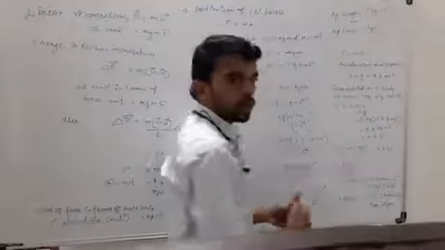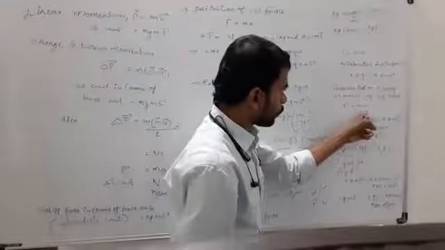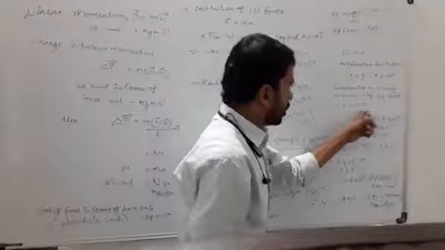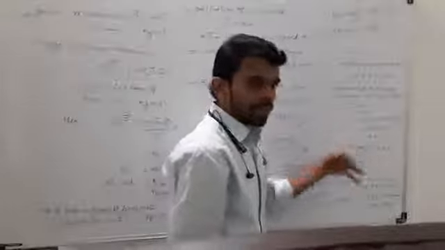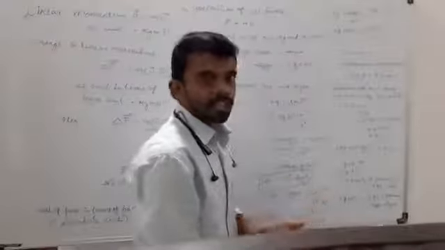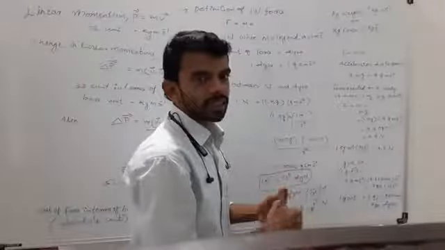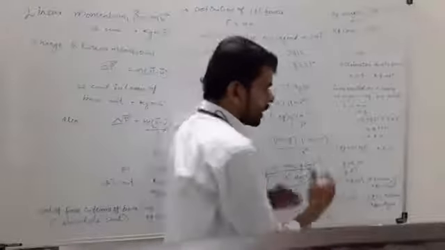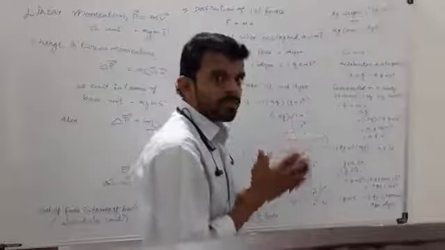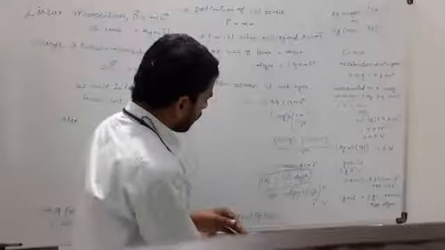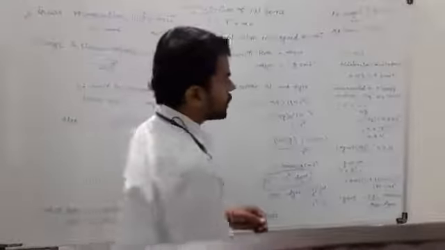If you are writing in Newton, you have to go this way: 30 into 9.8 Newton. Instead of that, you can just write 30 kilogram weight as the force exerted on you by Earth. So for simplicity only, we are introducing the gravitational unit of force.